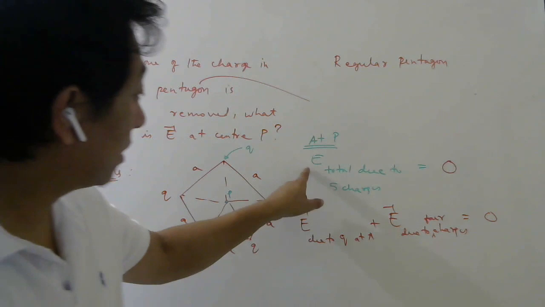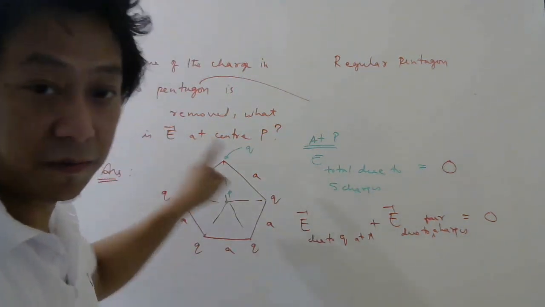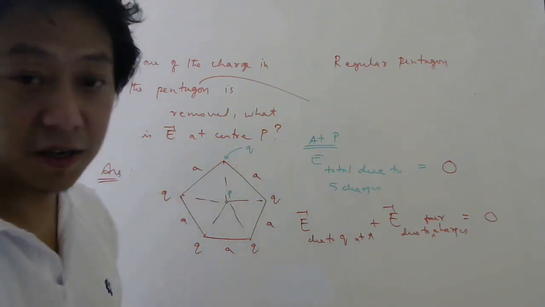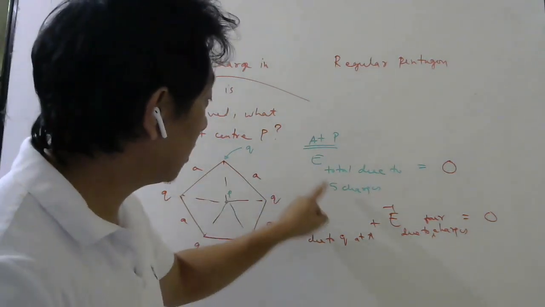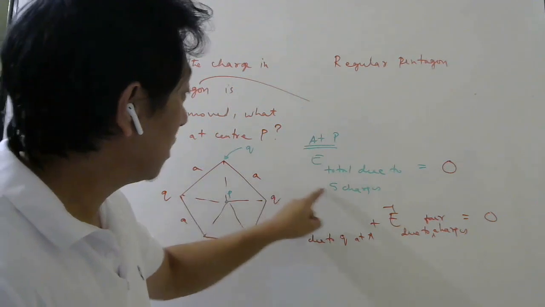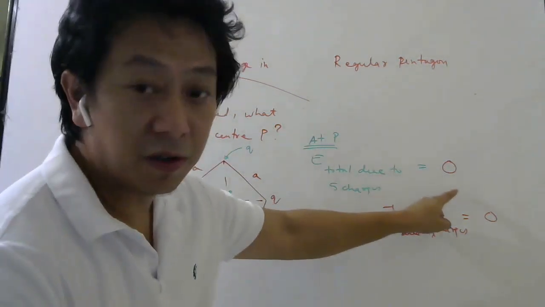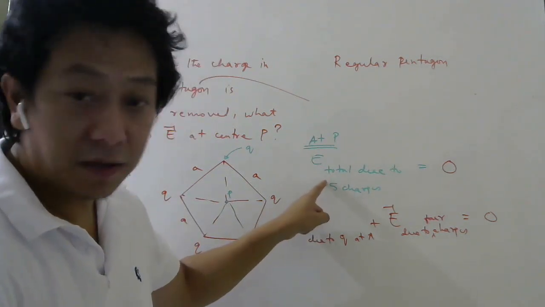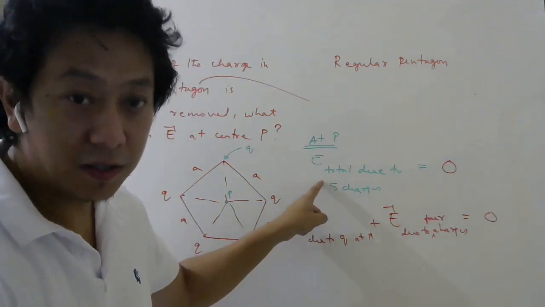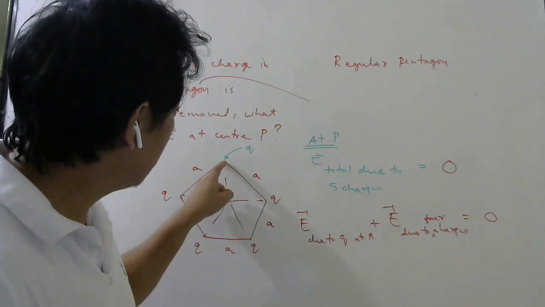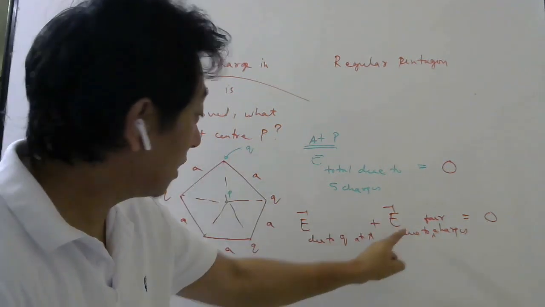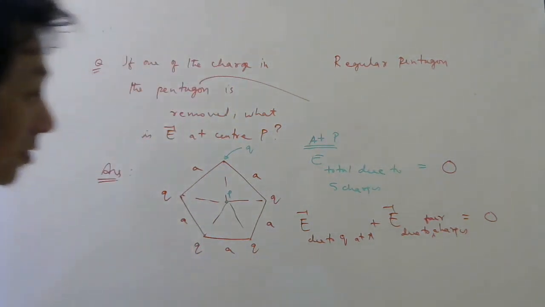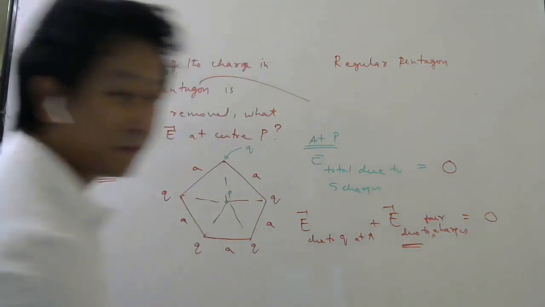So this is the electric field due to the five charges. Assuming I am putting a charge here, the total electric field at point P due to the five charges is 0. Now from the superposition principle, this electric field due to five charges you can also write as the electric field due to this charge plus the electric field due to the remaining charges. The remaining charges are these, and in the question they are asking for exactly this.